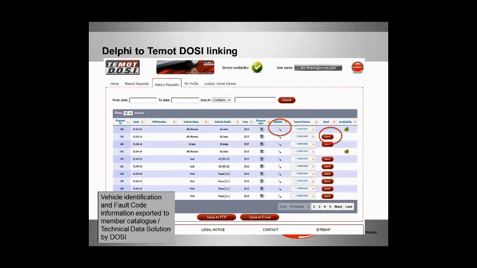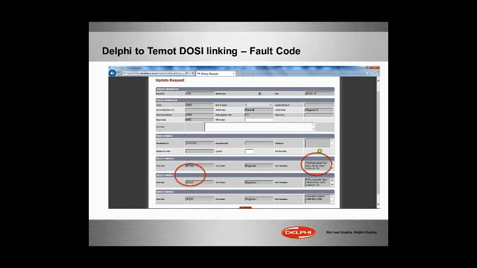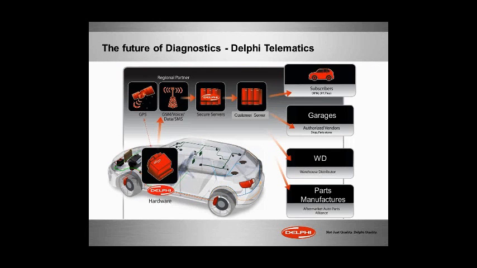And then you will see the history of the vehicles that have been selected, and the send button here enables the information that has been transferred from the Delphi Diagnostics software to the technical data solution of the member or the member catalog. You see just here the screen where you have the full code information, and again we'll go through this live so you can see this working.